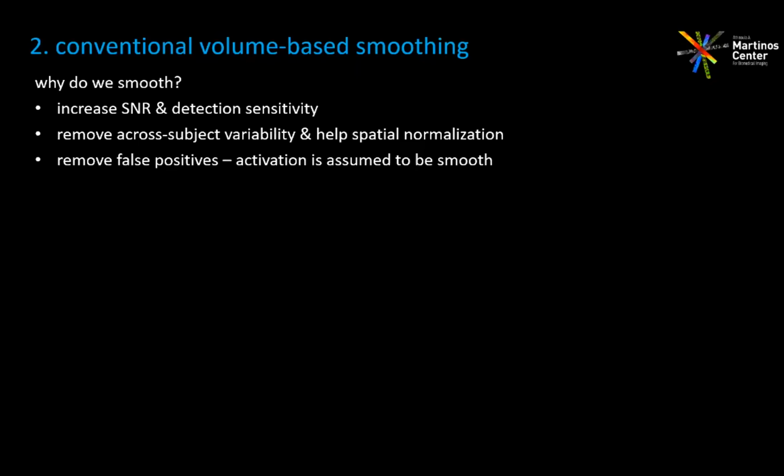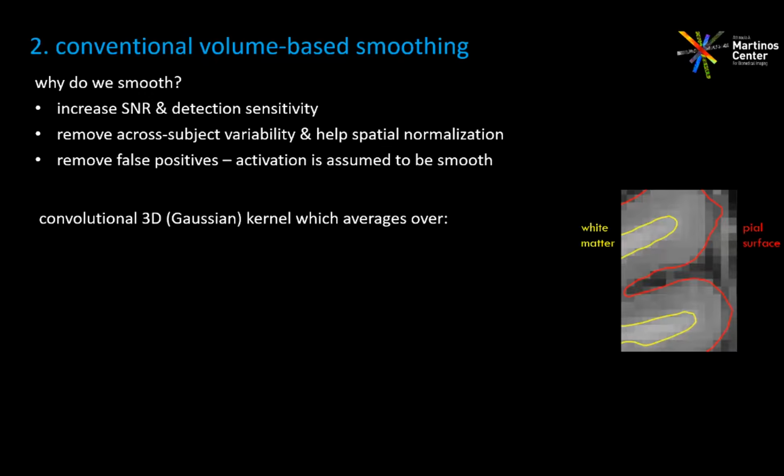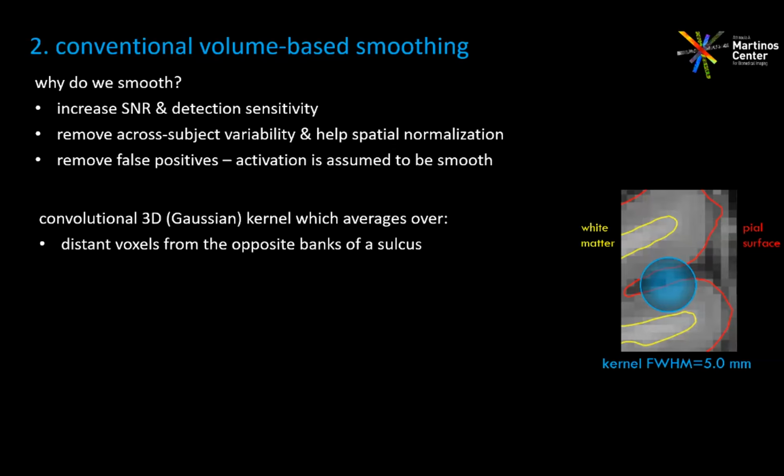But volume-based smoothing uses these 3D kernels, as you can see here. On this little example of the cortex, this is, I think, 1.1 millimeter resolution data and a 3 millimeter full width half max kernel, which is really not that large, okay? And you can see that this kernel is mixing distant voxels from the opposite banks of the sulcus, different tissue types, in this case CSF and gray matter.